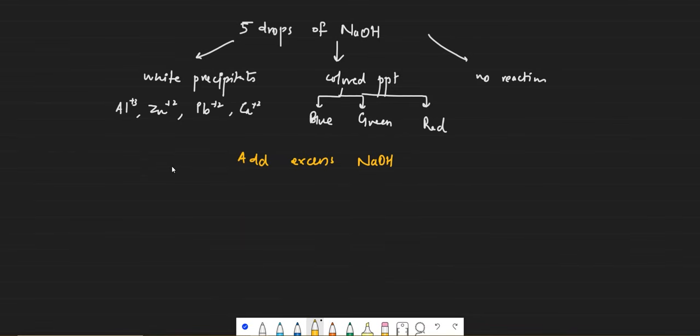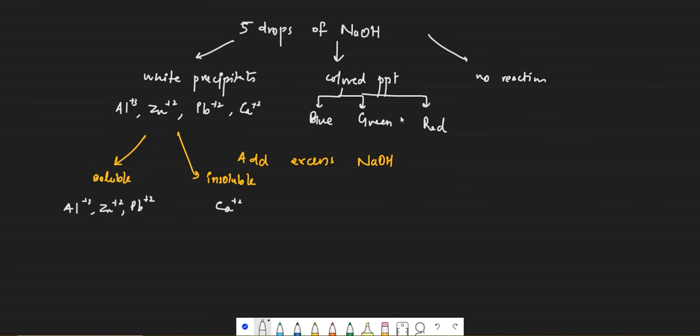Now there are going to be 2 possibilities: either these ions are going to be soluble in excess or they are going to be insoluble in excess. Most of them are soluble in excess. Only calcium is insoluble in excess. Aluminium, zinc, and lead are soluble in excess.